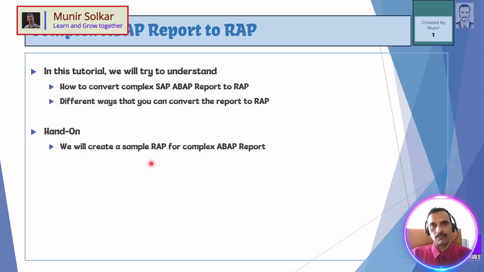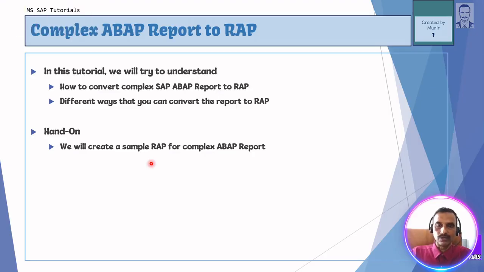Since I don't have the complex setup, I will show you with whatever I have on SAP BTP account that we can use to create our own complex logic. I'll explain by giving a live example of how complex the ABAP report can be, and then do a sample hands-on on how we can convert that code into SAP RAP easily. Okay, so let's move on.